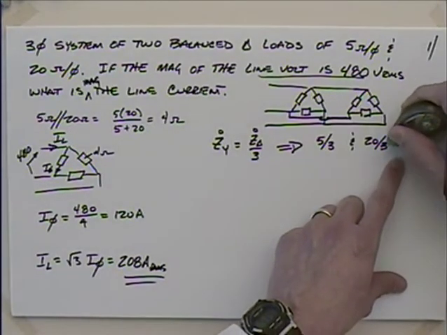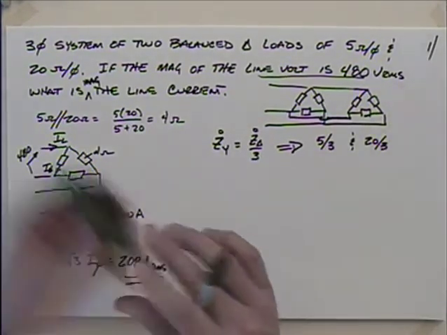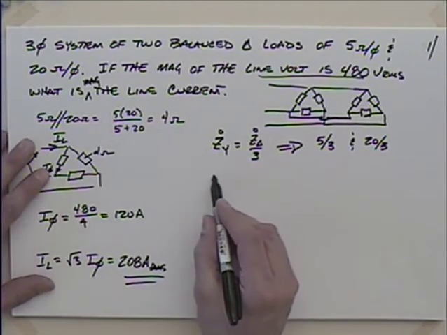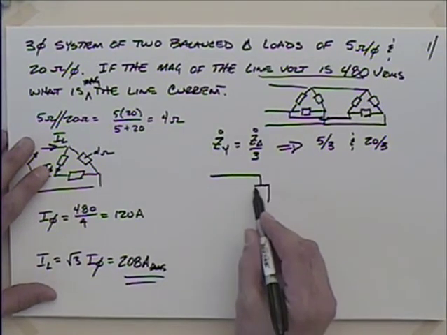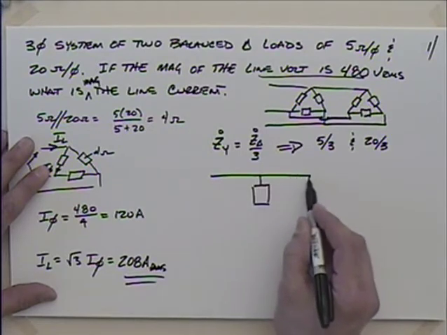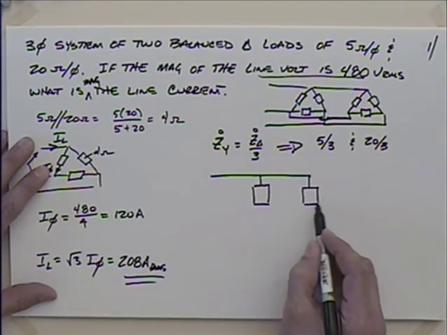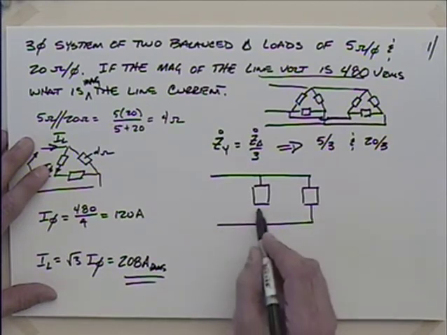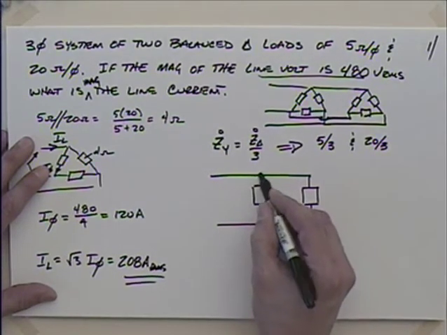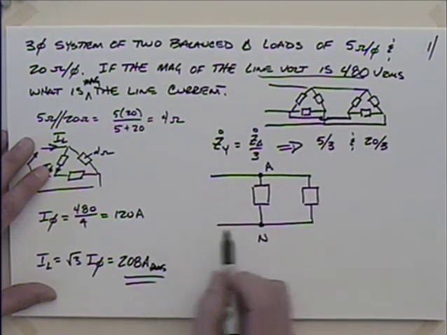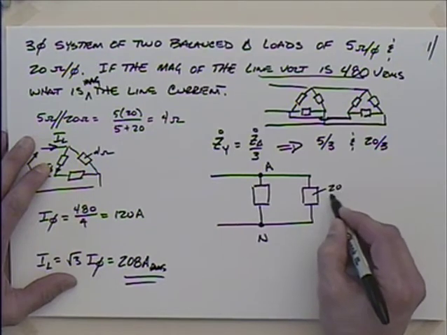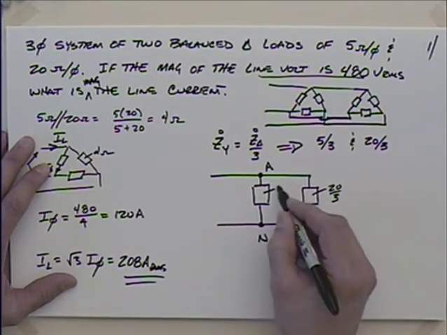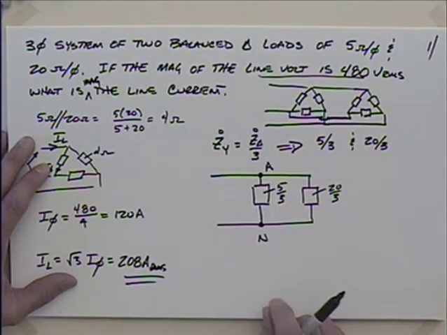So I could say then that I had something like this, and I'm going to draw the single phase equivalent circuit. So I've got this in parallel with this. So this is the neutral down here, and we'll say maybe this is the A phase. We could take any of the phases. And this is then what, 20 over 3, and this is 5 over 3.